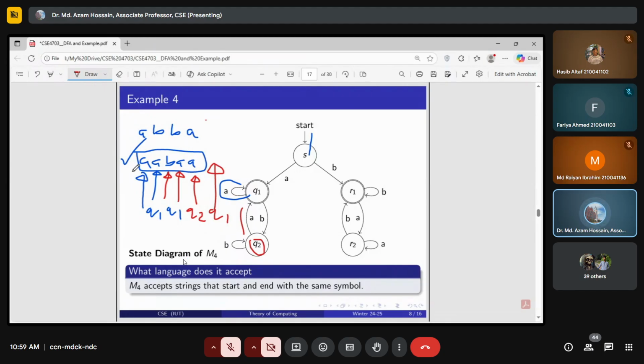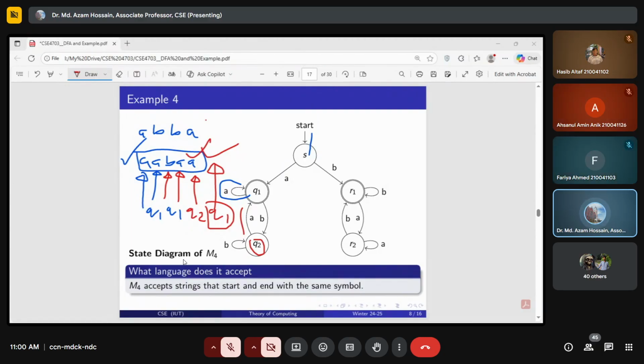It means you scanned all the inputs from the beginning to the end, and you are now in state Q1. If you scanned all the inputs and you are in Q1, and Q1 is a final state, that means this string belongs to this language. So this is called computation.